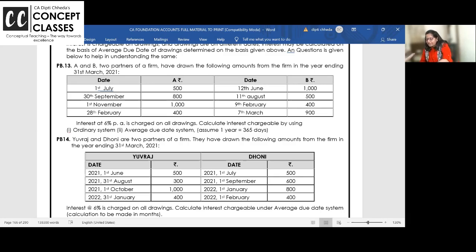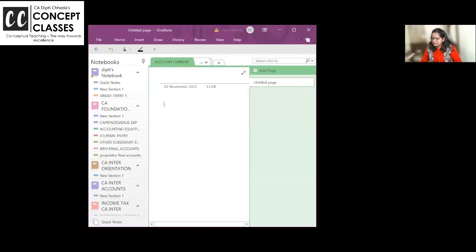Let us see. A decimal difference will come because we are going to take it in months or in days as we decide. Let us take it in months only. Acha, 11th and all the days are there, so in days. Just do one problem with me, it will be clear.